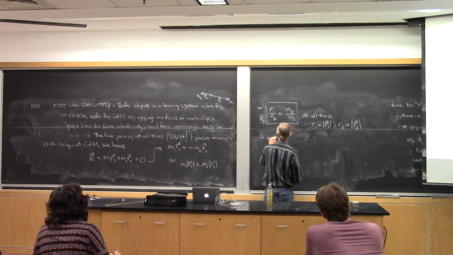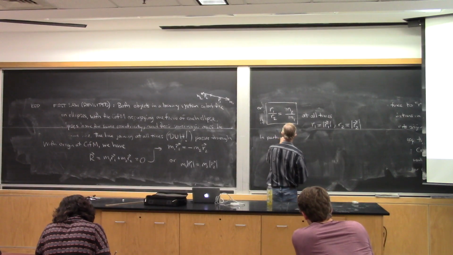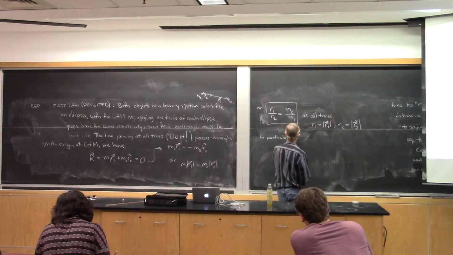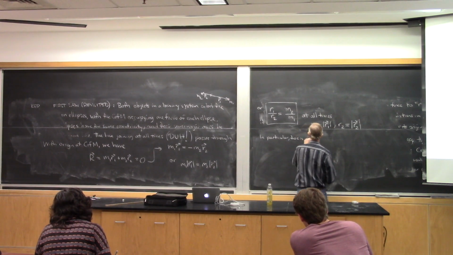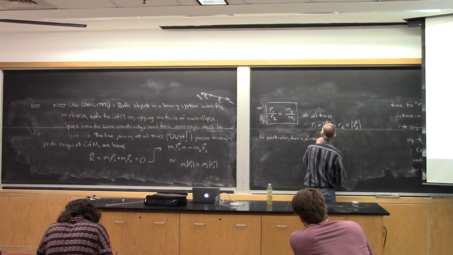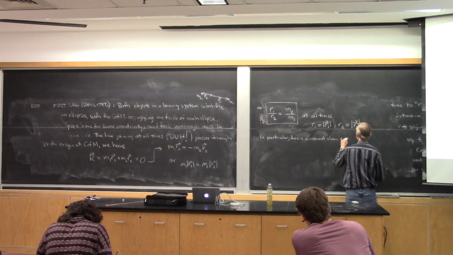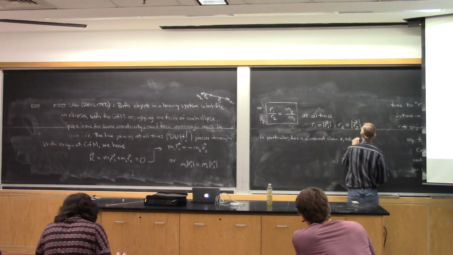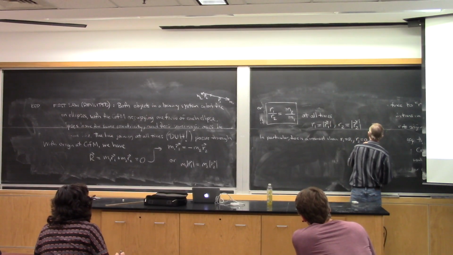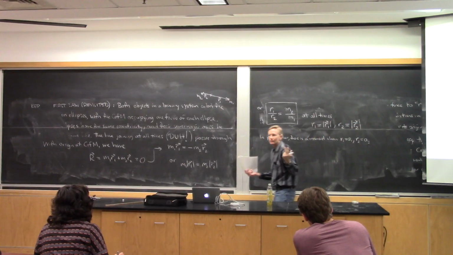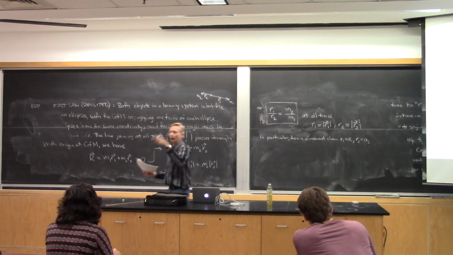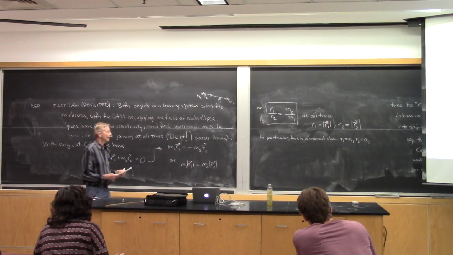In particular, there is a moment when R1 is equal to A1 and R2 is equal to A2, when they're on their semi-minor axes of their ellipses. Remember that R is equal to A at those moments.